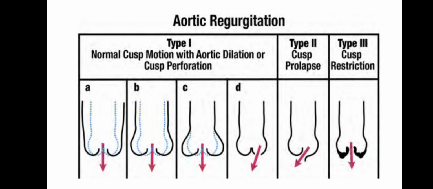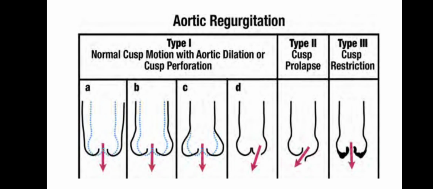Then the functional classification of aortic regurgitation is Carpentier's classification. In mitral also Carpentier's. AR type 1 is normal cusp motion with aortic dilatation or cusp perforation. Cusp motion is normal, but there is aortic dilatation or cusp perforation which results in AR.